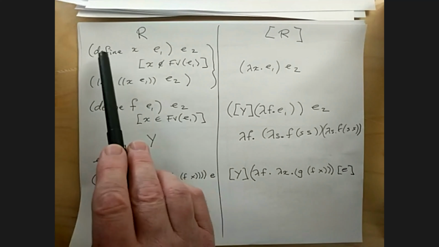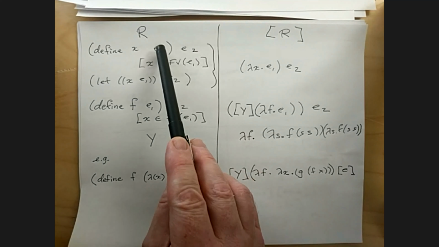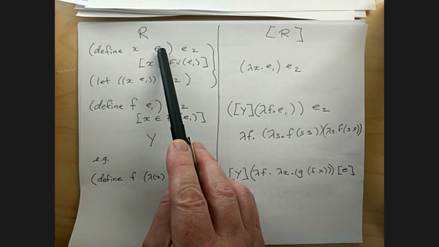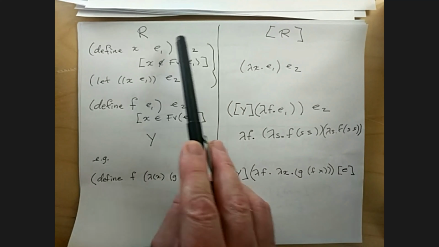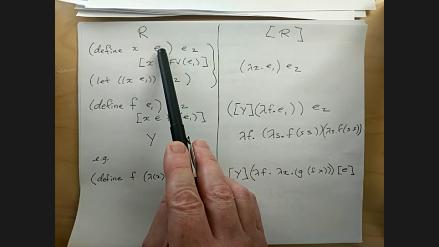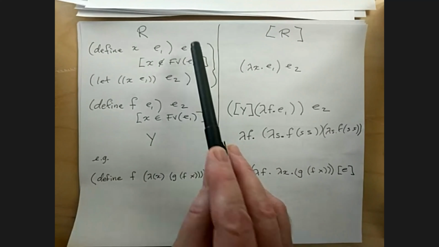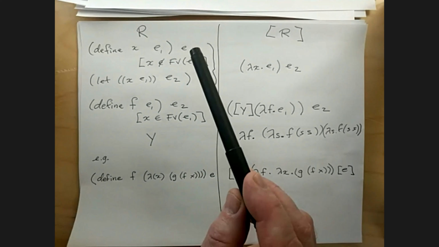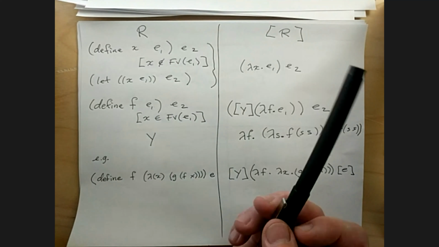In the full Racket, you can use define in other places, but the basic idea is the same. You've got some expression and you bind a name X to that expression, and then you can use that in one or more subsequent expressions. So the value of E1 is bound to X. And then whenever you use X inside E2, it means whatever that expression is.